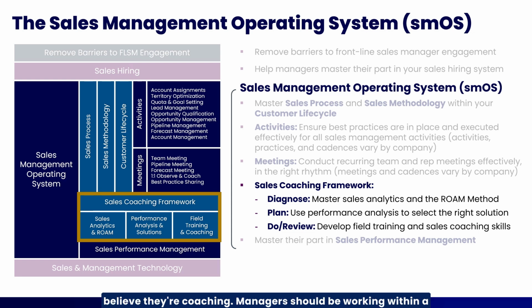Managers should be working within a framework where they diagnose reps' performance and figure out how to best improve it, work with those reps to develop a plan to improve the performance, do field training or sales coaching or provide feedback as needed to support the rep, and then get them implementing the things that they have worked on. This needs to happen in an ongoing loop to create a cadence of coaching and continuous improvement.